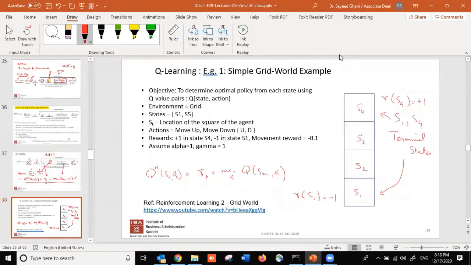So now let's go back to the simple grid world example. We're going to look at the case where alpha and gamma are equal to 1. And now, instead of using our intuition, we're going to use the Q-learning algorithm.